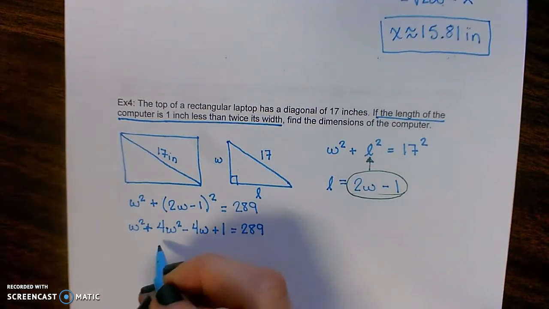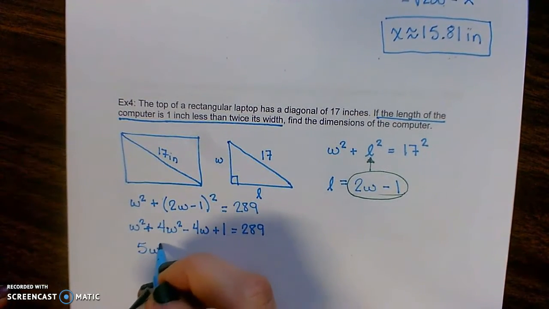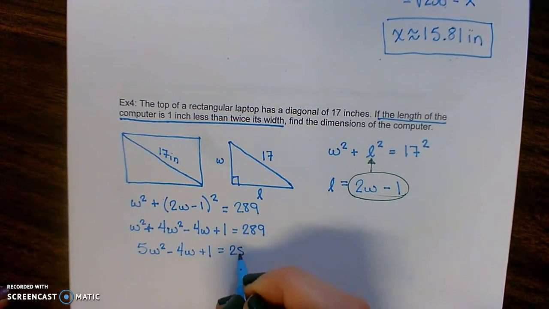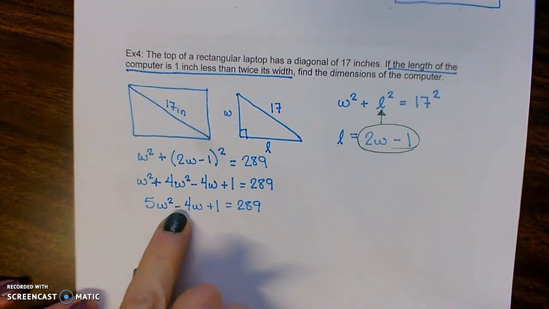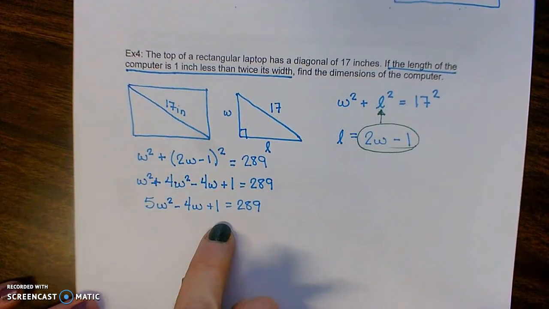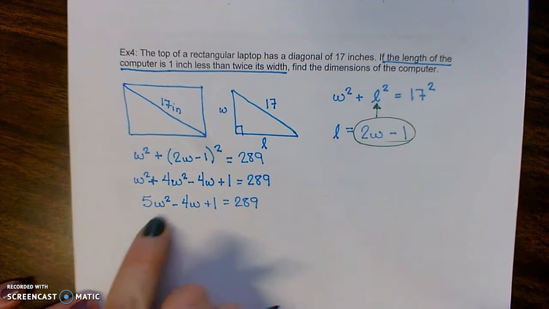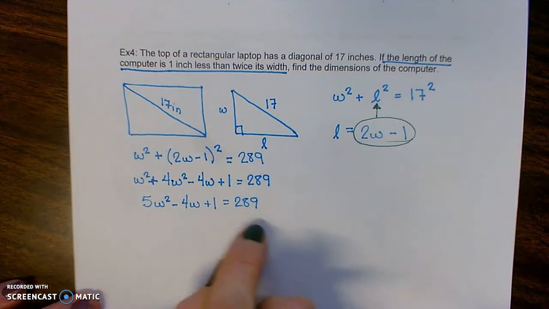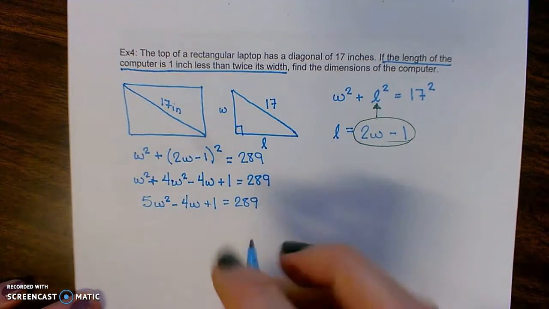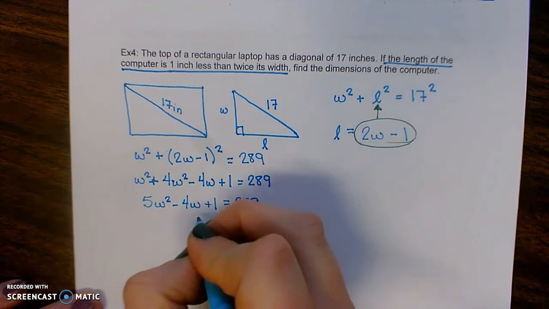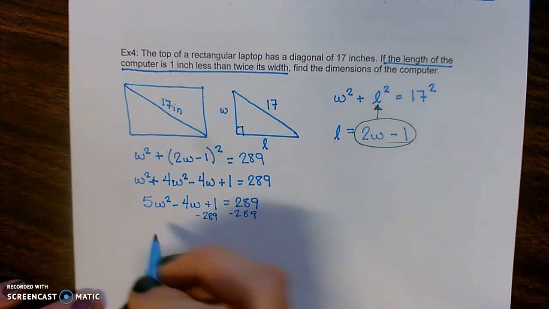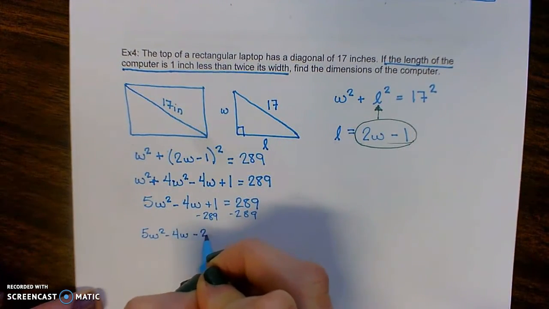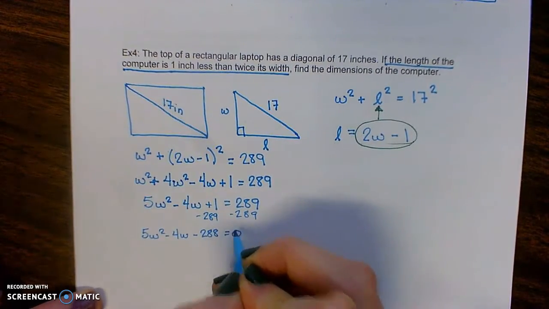Let me simplify one more time: 5W squared minus 4W plus 1 equals 289. Now I notice I've got a quadratic, and I can't use the square root method because I've got more than one term that involves a W. So I'll subtract 289 from both sides to get the equation equal to 0. This becomes 5W squared minus 4W minus 288 equals 0.